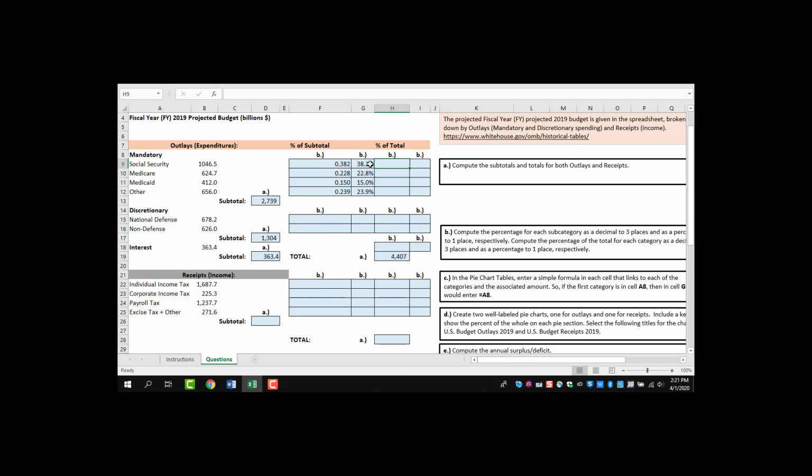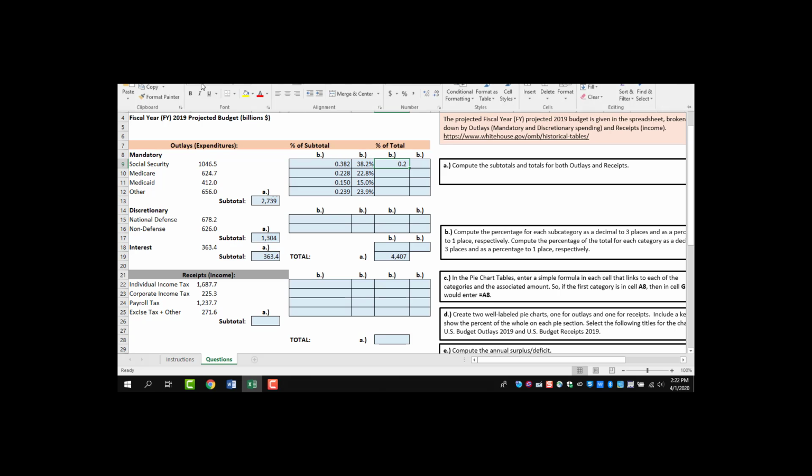So this 38.2% just means of all the mandatory spending, 38% of it goes to Social Security. This here is going to mean of all of the money that's spent, what percentage of all the money spent right here is Social Security. And that'll lock too.